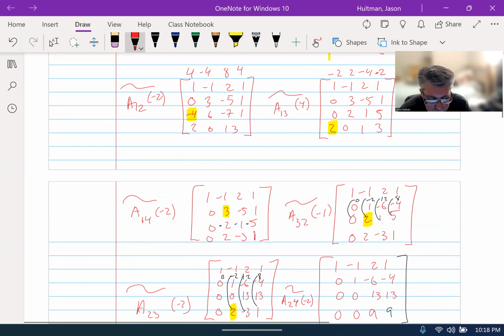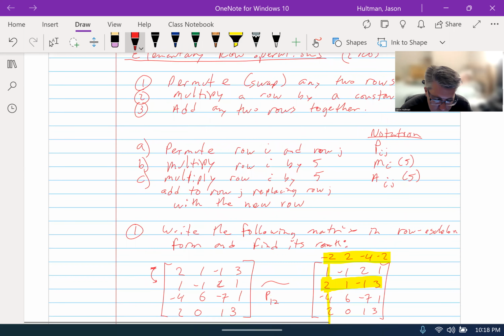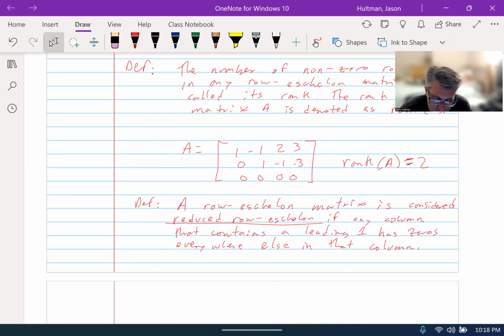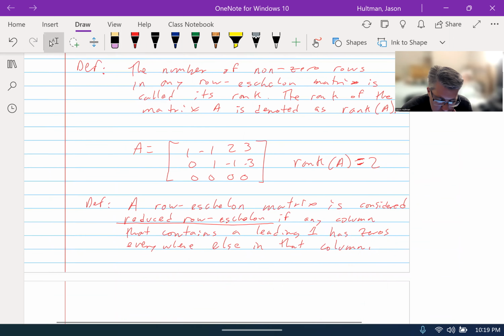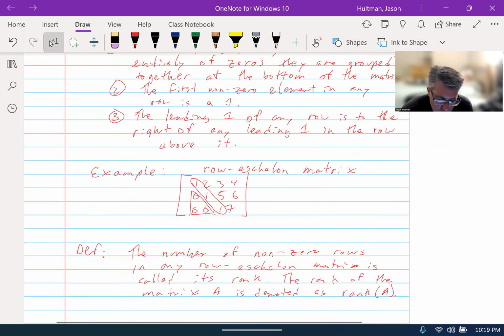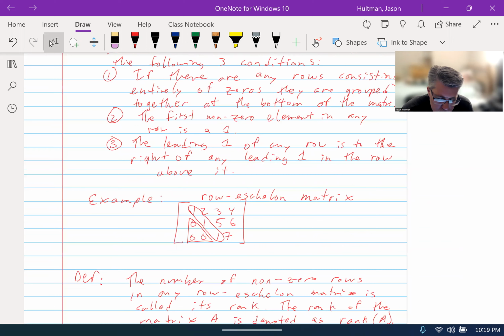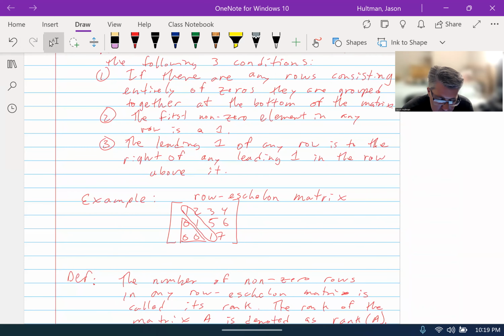Again, going back to the definition of row echelon, it says that any rows consisting entirely of zeros are grouped together at the bottom. The first non-zero element of any row is a 1, and the leading 1 of any row is to the right of any leading 1 in the row above it.